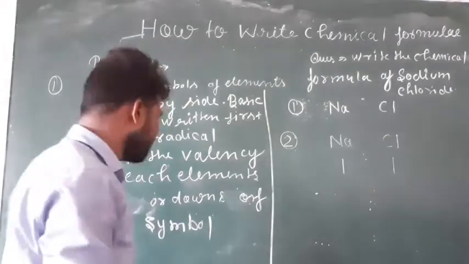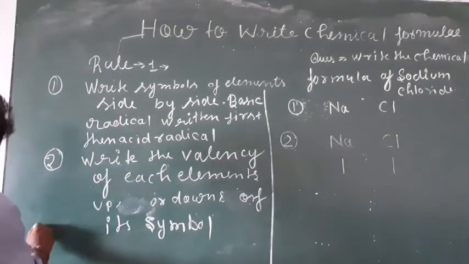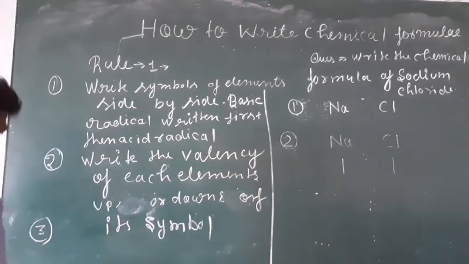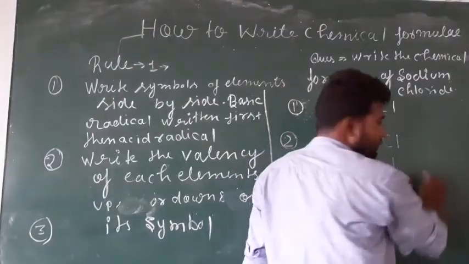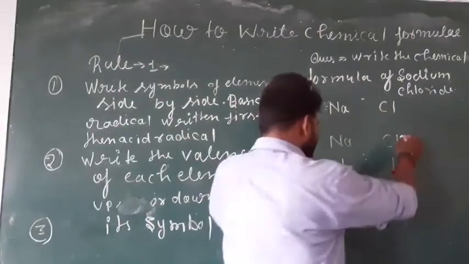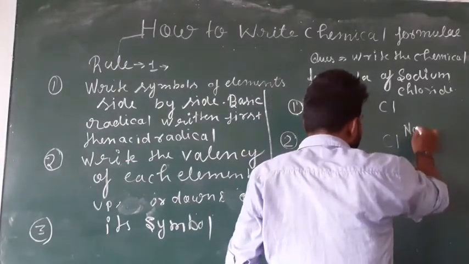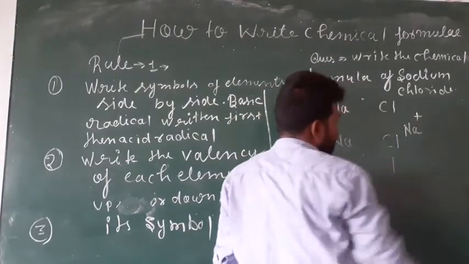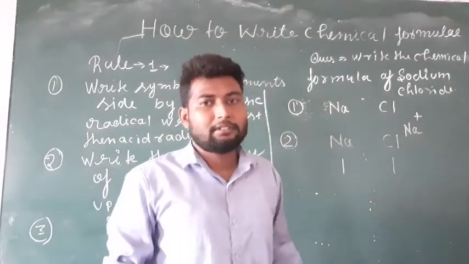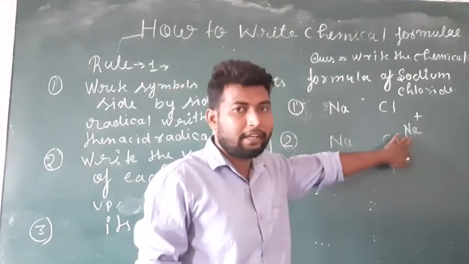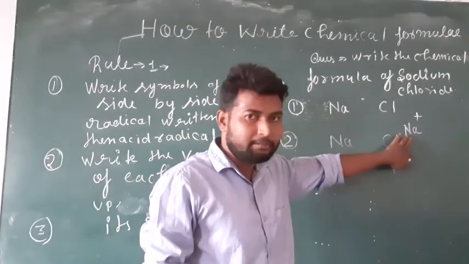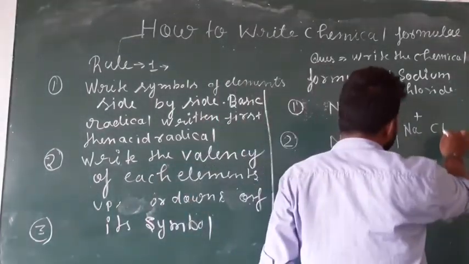Okay. Rule third means when you have the sodium symbol, Na bears a positive charge and chlorine bears a negative charge.